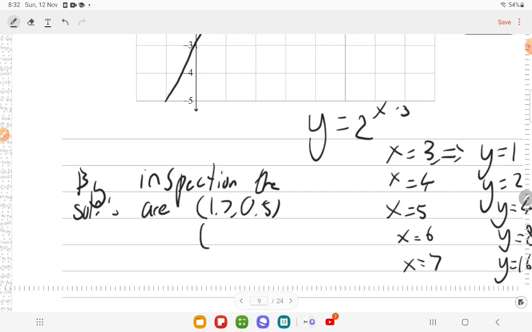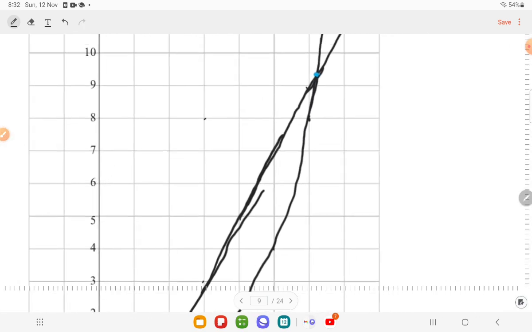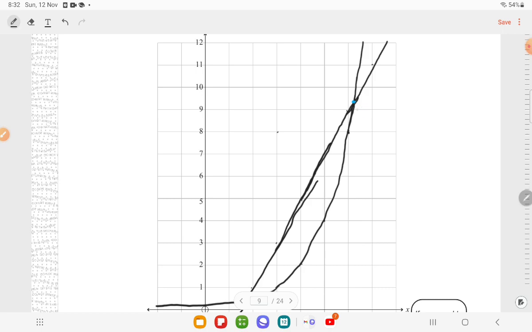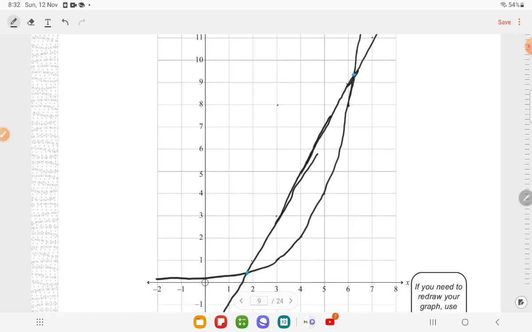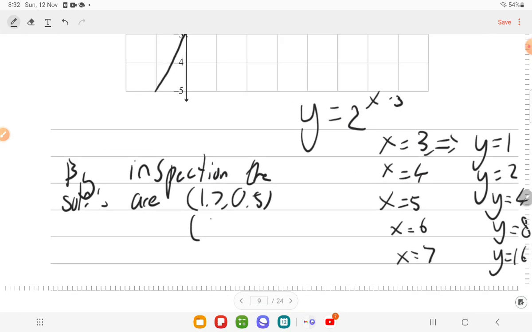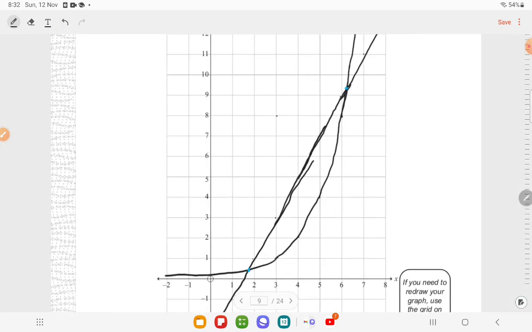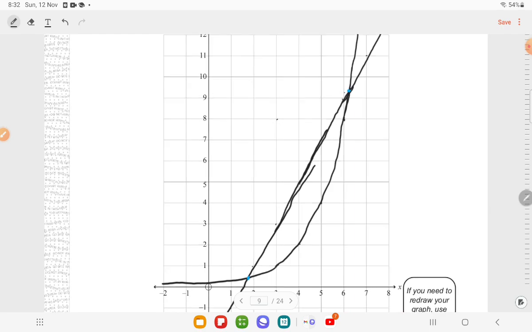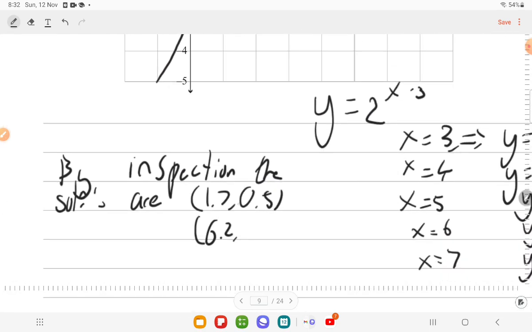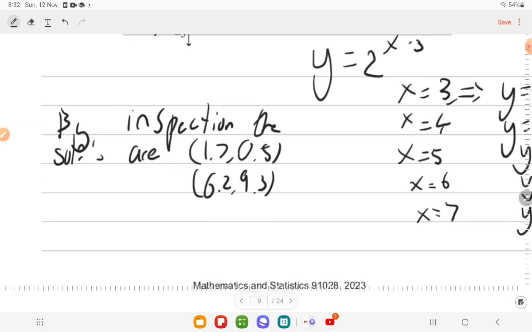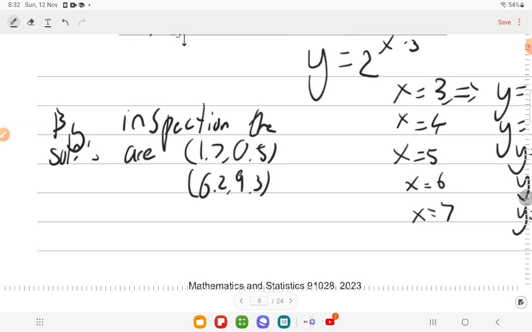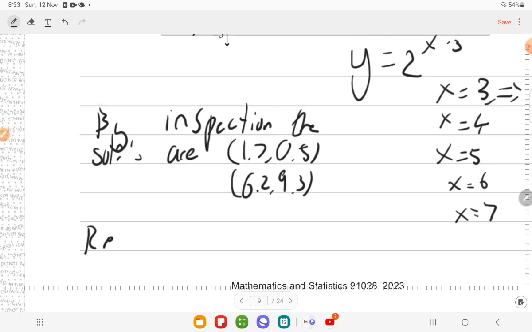And the other one seems like around 6.2 and around 9.3. I don't know. I put it in the calculator before, and it says the real solutions are 1.7.